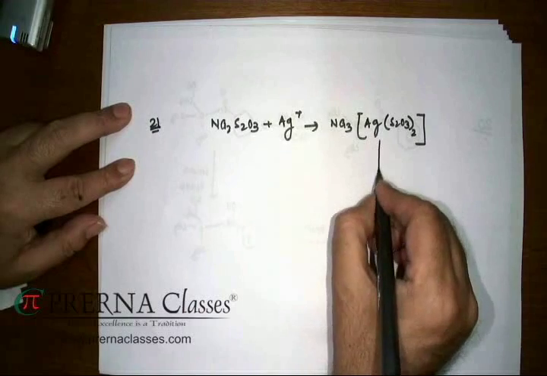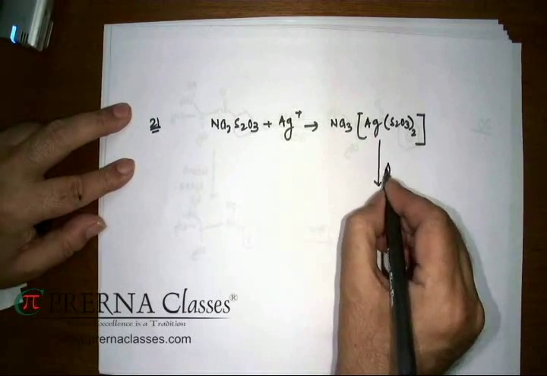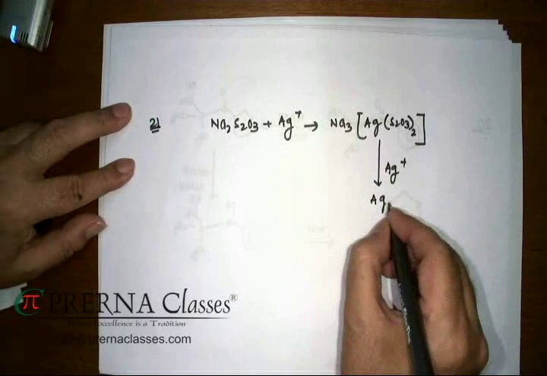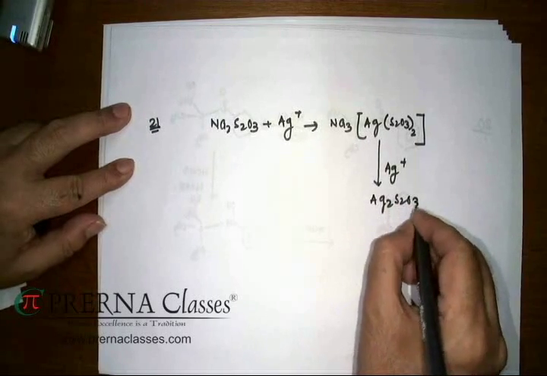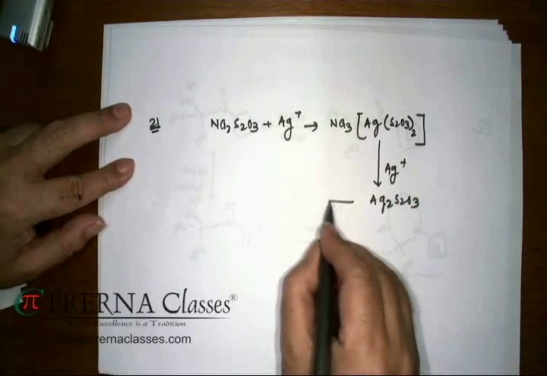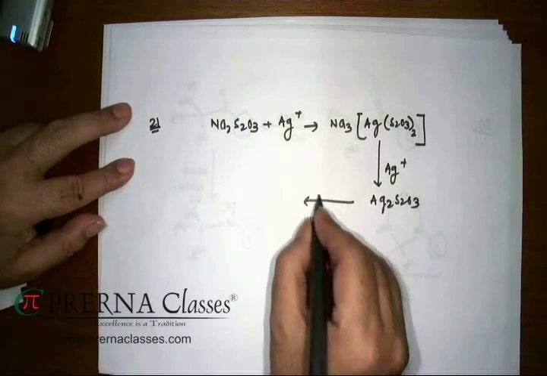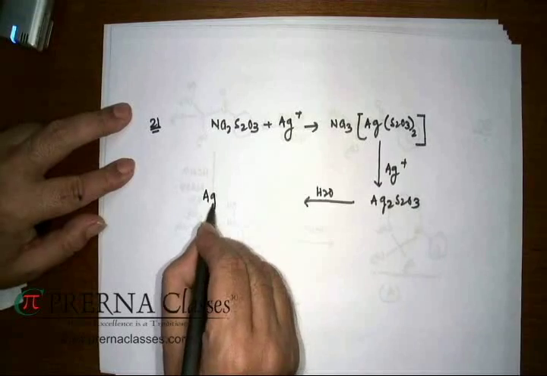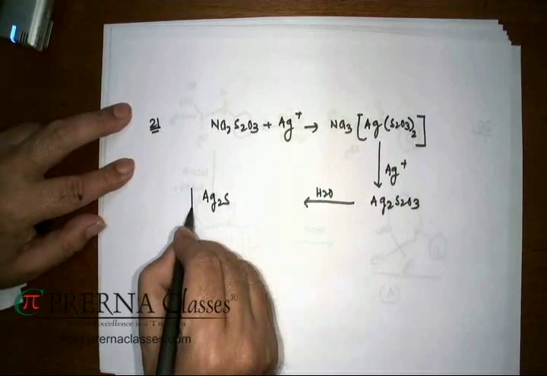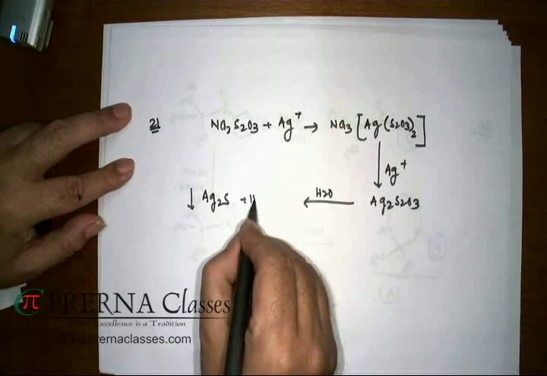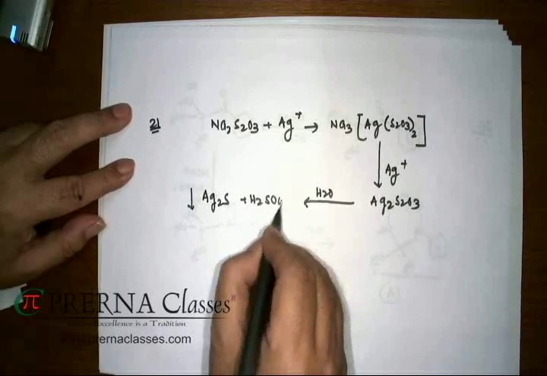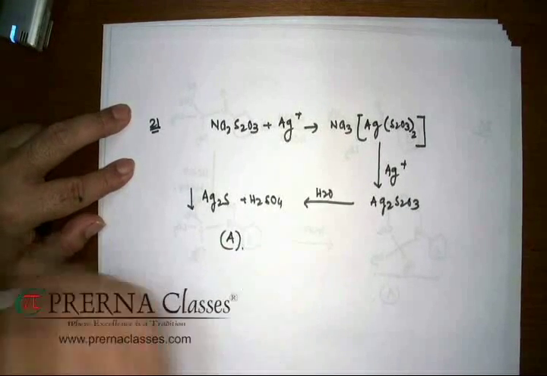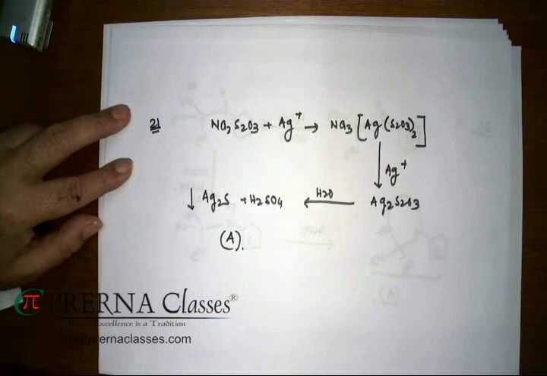Now this complex with Ag plus will give you Ag2S2O3, which on hydrolysis will give you Ag2S precipitate. So your correct option is A.